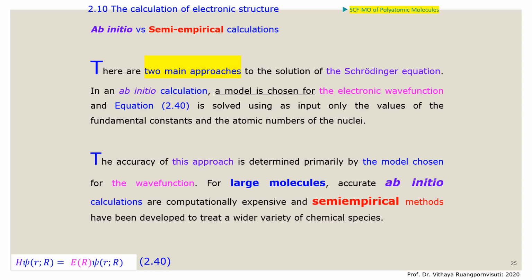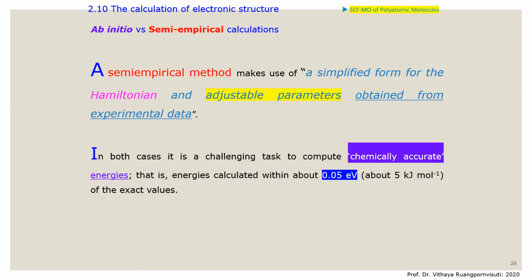For large molecules, accurate ab initio calculations are computationally expensive, and semi-empirical methods have been developed to reach a wider variety of chemical species. A semi-empirical method makes use of a simplified form of the Hamiltonian and parameters obtained from experimental data.